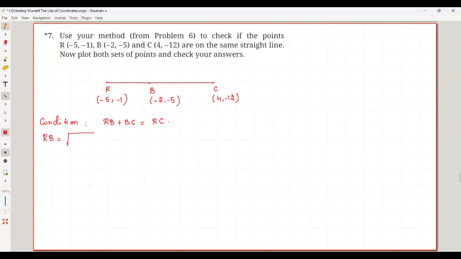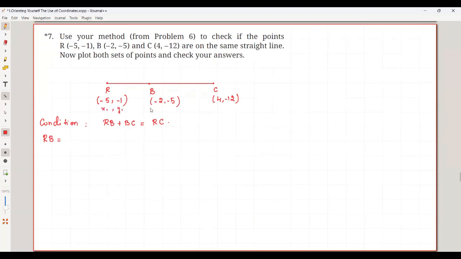Okay, distance formula. This is x1, y1, x2, y2. So the distance of RB: x2 minus x1 the whole square plus y2 minus y1 the whole square. Apply it in the formula.